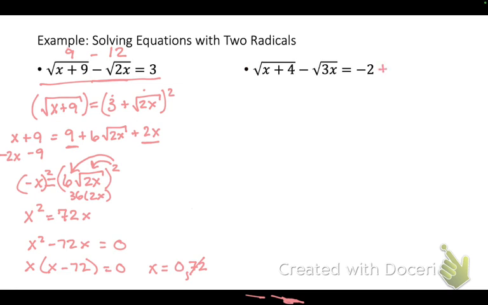So add the square root of 3x, and then square it.